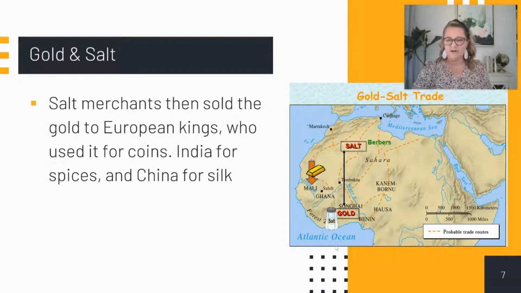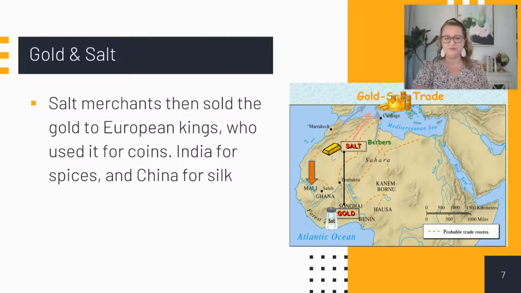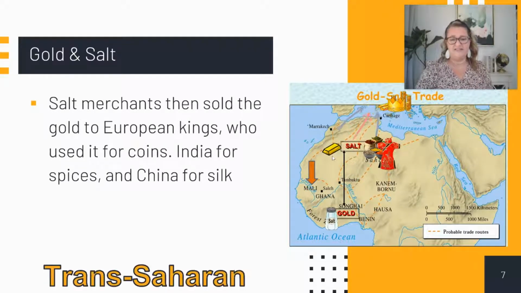But then salt merchants, when they return back with the gold, would sell it to Europe, and Europe would use it to make jewelry and coins because gold was rare in Europe. And they would also exchange the gold for different products from India, like spices, for instance. And in China, they would receive the very valuable silk cloth.